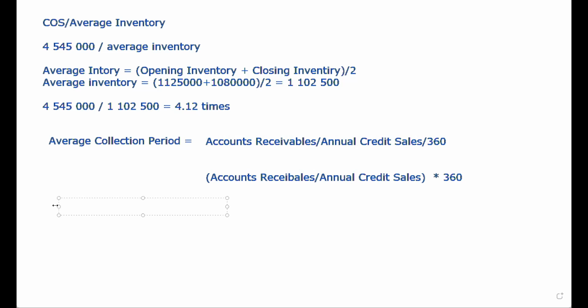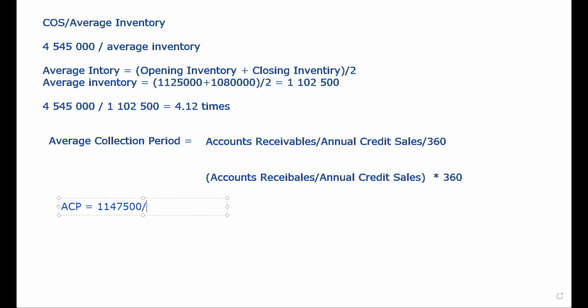So we have this information. If we check in our balance sheet, accounts receivables for 2021 is 1,147,500. So ACP is equal to 1,147,500 divided by our annual credit sales. Let's see.